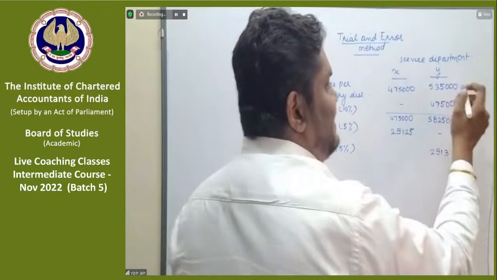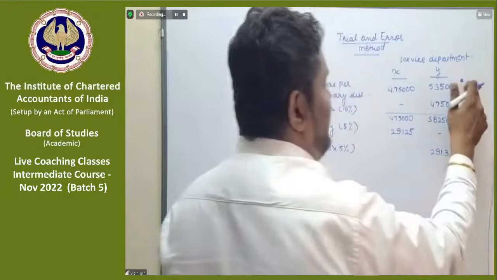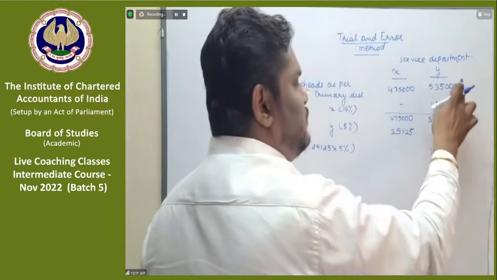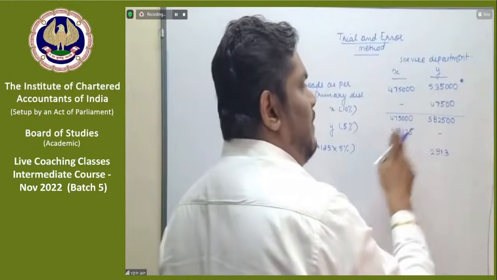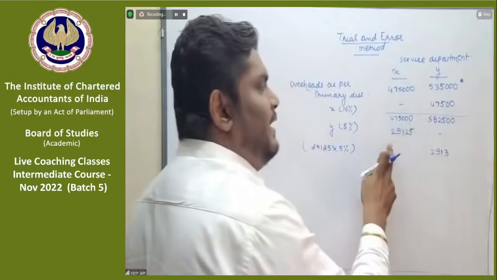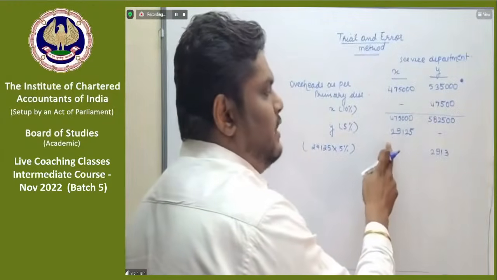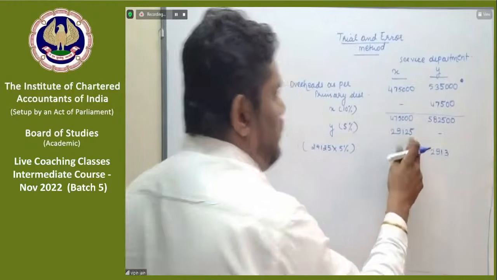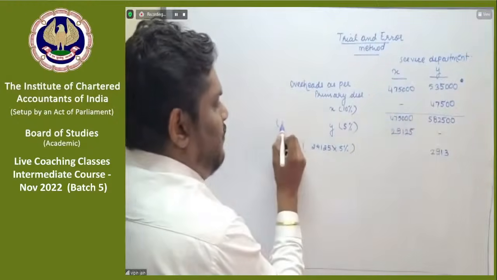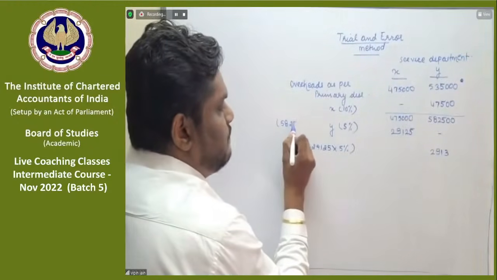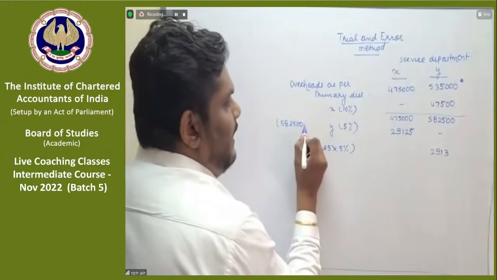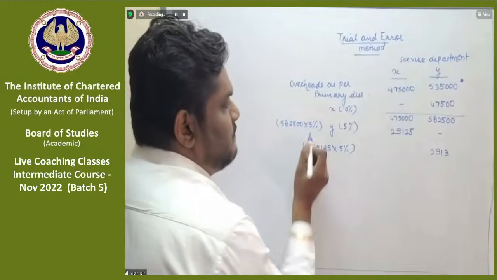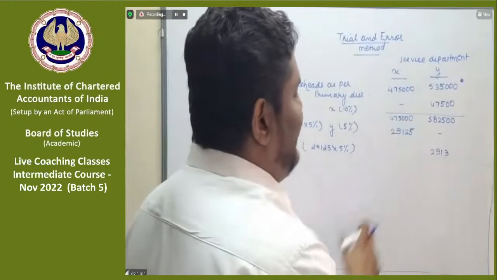So the total overhead, this is also to be distributed to X. So 535 is to be distributed to X. Apart from this, 47,500 also needs to be distributed to X. So this is how I get 29,125, that is 582,500 into 5%, that is 29,125.